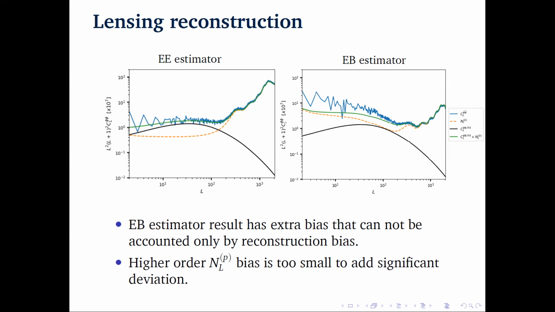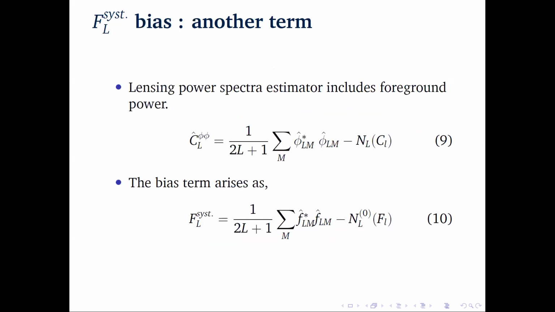We have to understand that, and this bias comes from another term that has not been included in the reconstruction. When we take the estimates and average them, we're including the foreground power in the maps as well, because we are not doing foreground component separation.